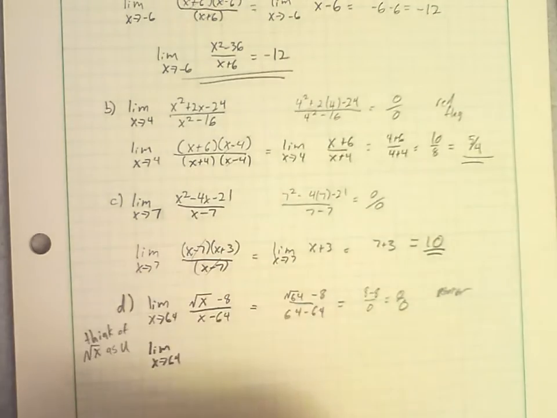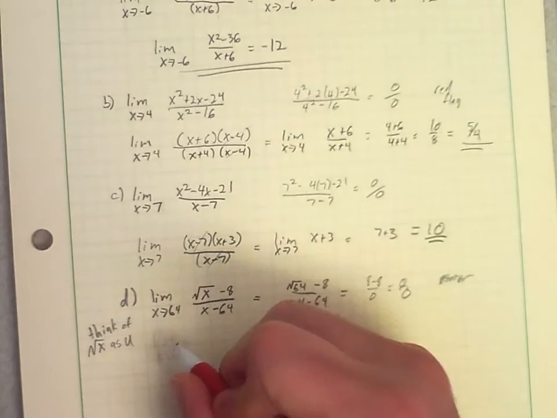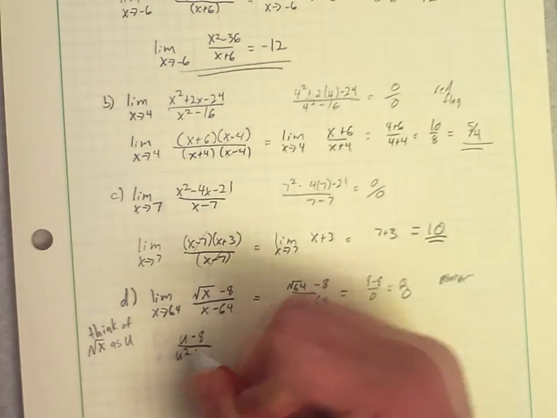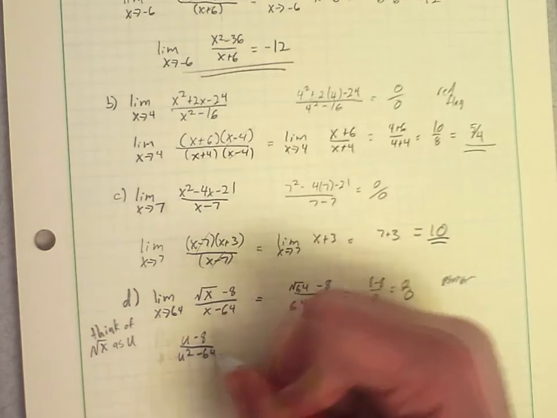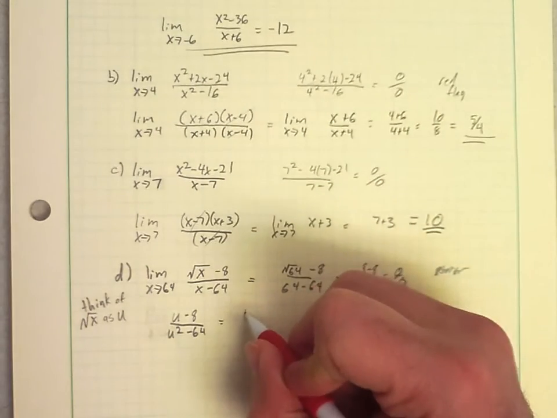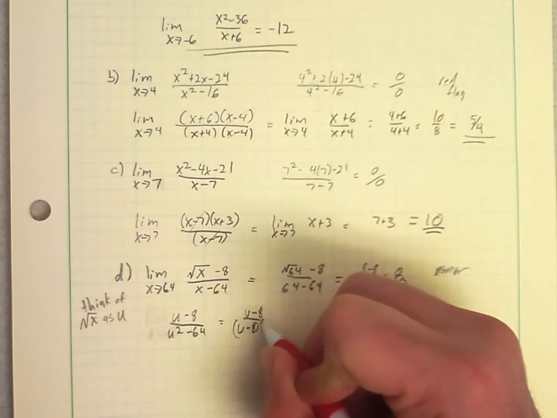Then, not talking about the limit right now, this is (u minus 8) over (u squared minus 64). It's easy to think about that now: that's (u minus 8) over (u minus 8)(u plus 8).